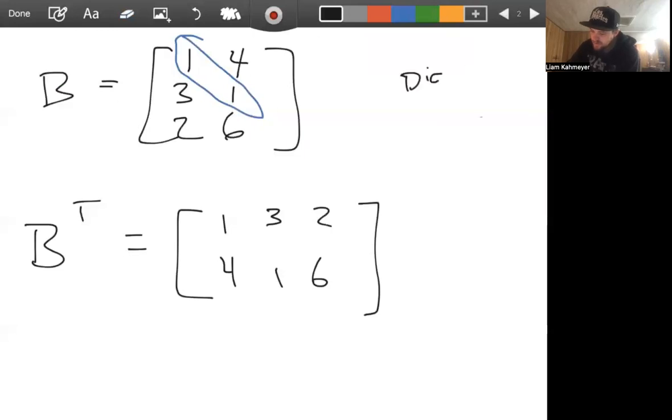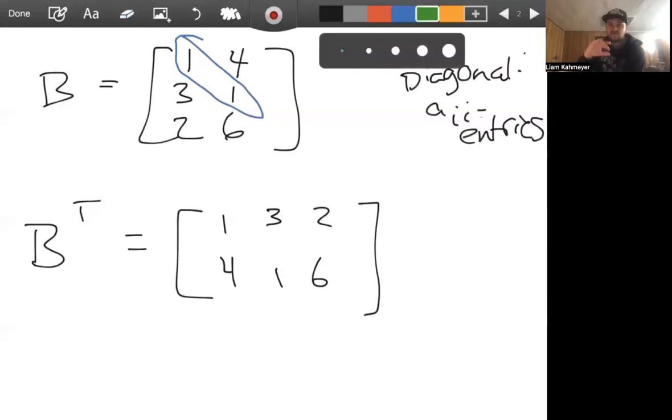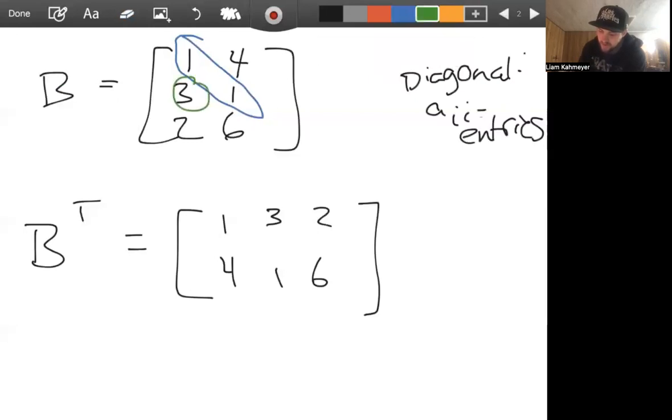So the diagonal is always the Aii entries. Okay. And now to see what mirroring would look like, we still have that the 3 and the 4 would flip. We get that mirror here, right?